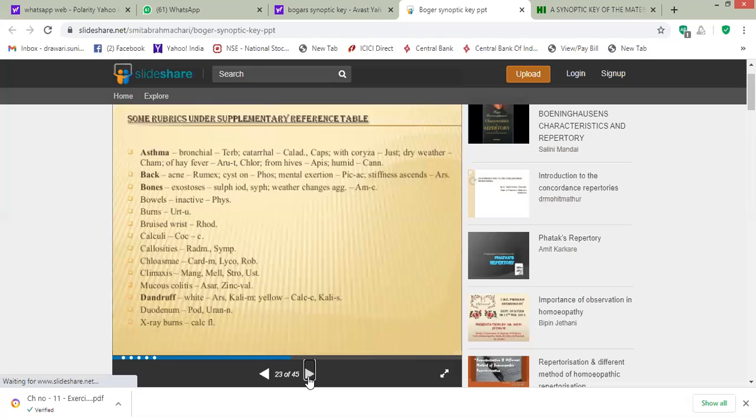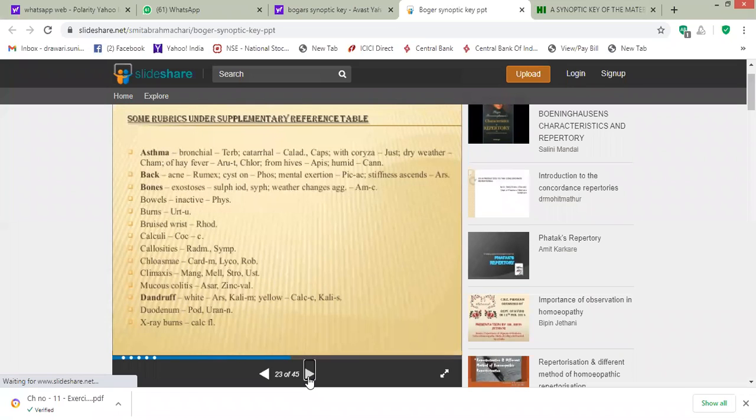So which type of asthma it was? It is given in front of asthma, the different positive factors related to asthma with their indicated medicine, so that it is easy to find out the rubrics with their indicated medicine.